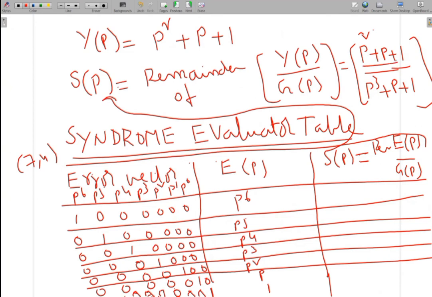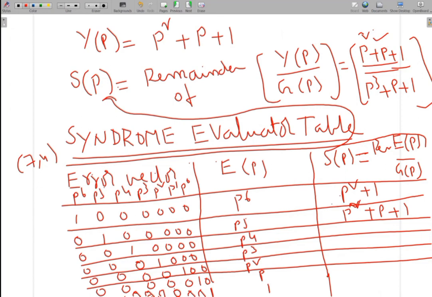Here P square plus P plus 1. This is the P power 6, which means P square plus 1. Here P square plus P plus 1.